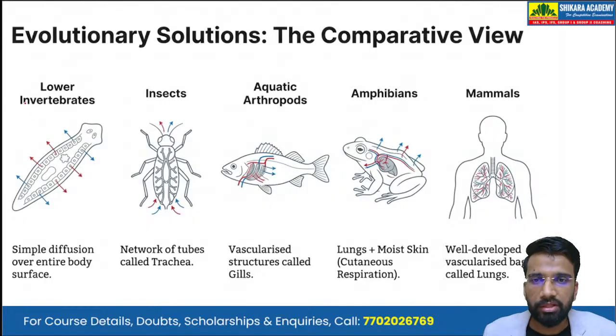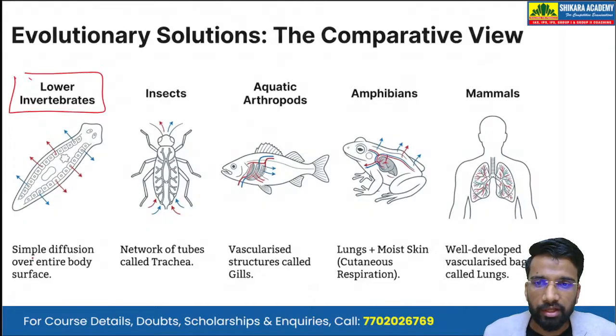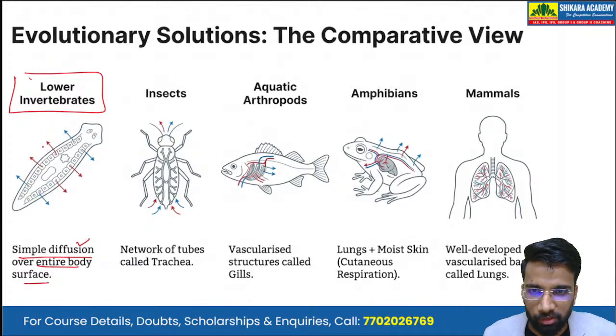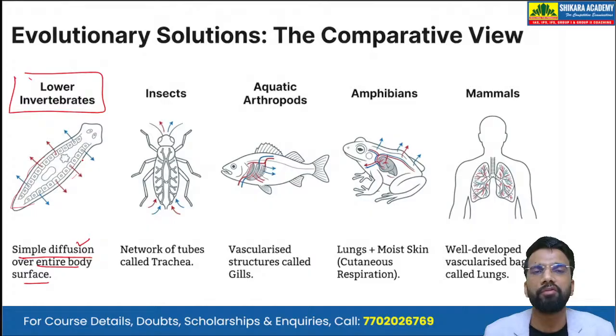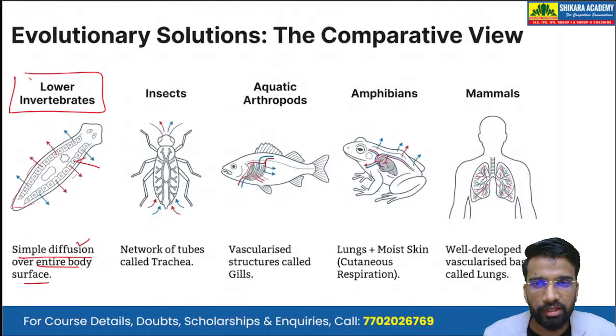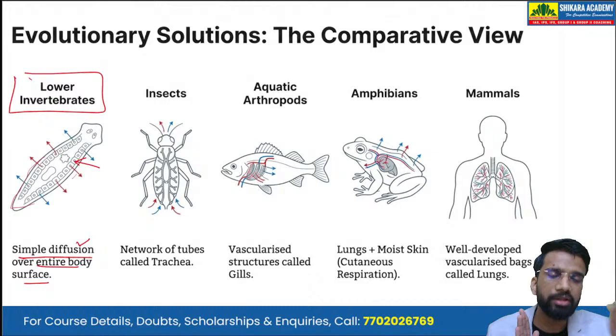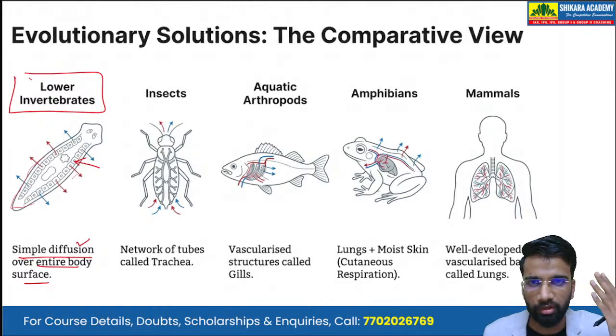In the lower invertebrates, the exchange of gases takes place via simple diffusion over the entire body surface, which facilitates the diffusion of gases inside the body as well as outside. It follows the concentration gradient. If the concentration of oxygen is greater on the outside and less on the inside, then the oxygen will move inside the body. And if the carbon dioxide buildup is more inside the body and the concentration is less outside, then the carbon dioxide will move out of the body.